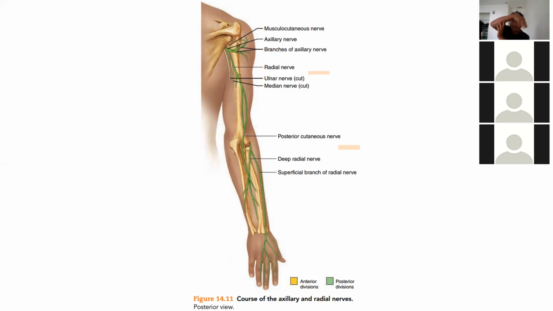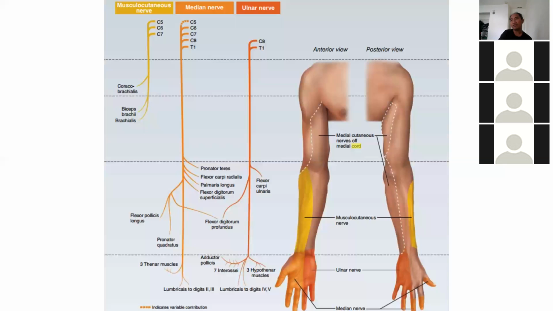Their wrist is dropped like that. That is what they call wrist drop. They cannot cock up their wrist anymore because the motor function of the radial nerve is for the extensor muscles of the forearm. Almost all extensor muscles of the forearm are supplied by the radial nerve motor. So now they damage the motor function and the sensation of the radial nerve.